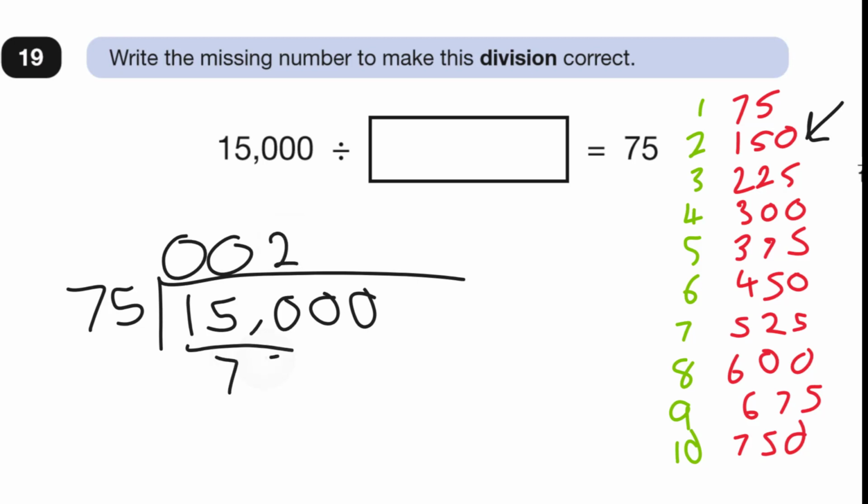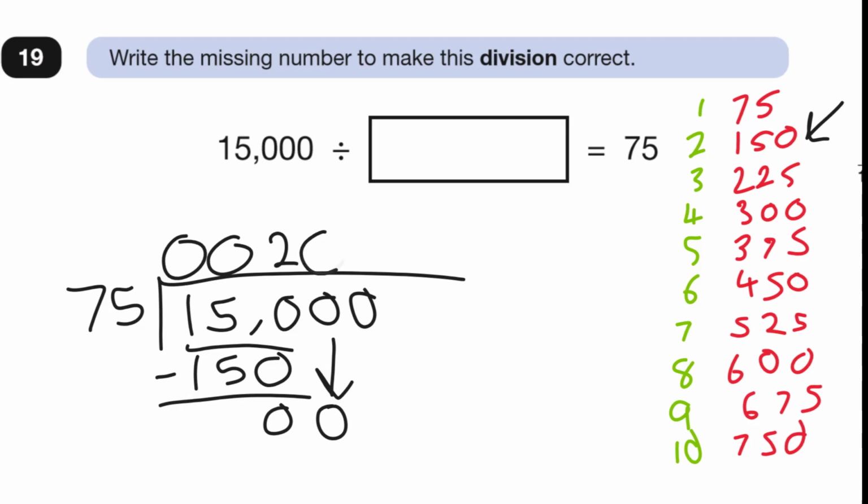I prove it underneath, I subtract it. Sorry, I've done that wrong. I prove it underneath. 75 times 2 is 150. Take it away. That is 0. Bring the next one down.